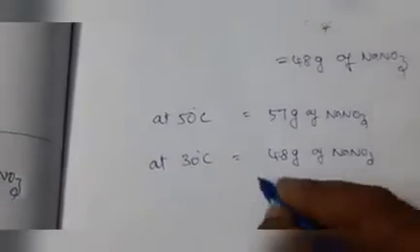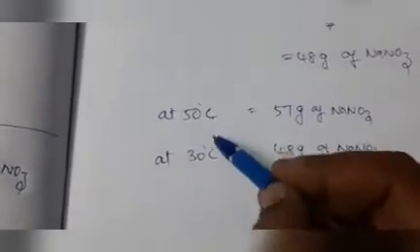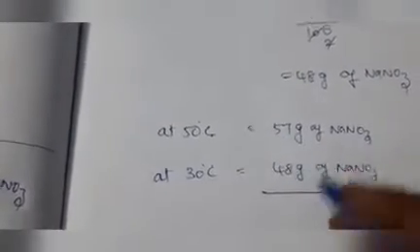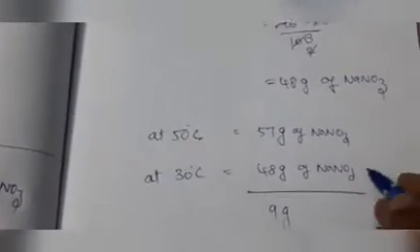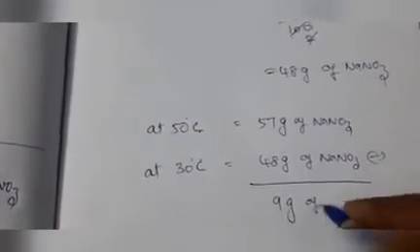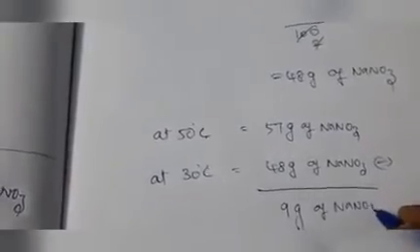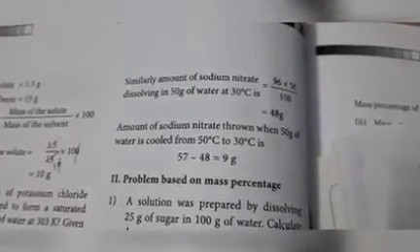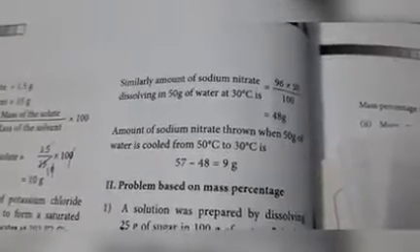So the difference is how much is extra. If the temperature is decreased from 50 to 30 degrees Celsius, you have to find the difference: 9 grams of NaNO3. So the amount of sodium nitrate thrown out when 50 grams of water is cooled from 50 to 30 degrees Celsius is 57 minus 48 equals 9 grams.